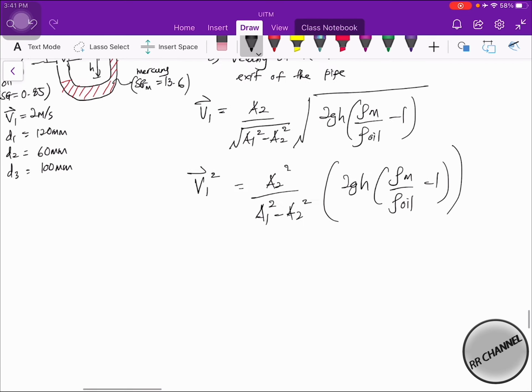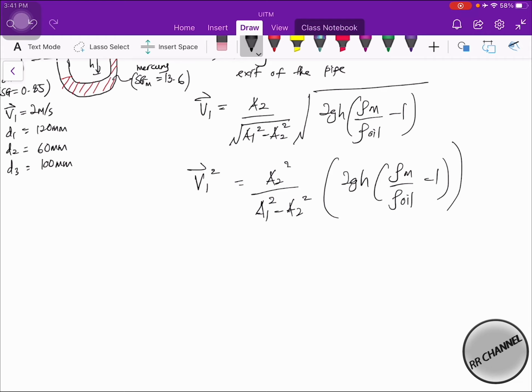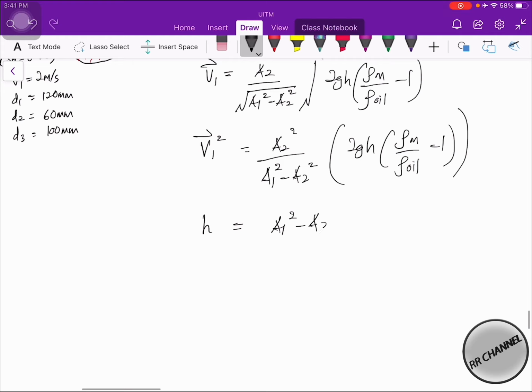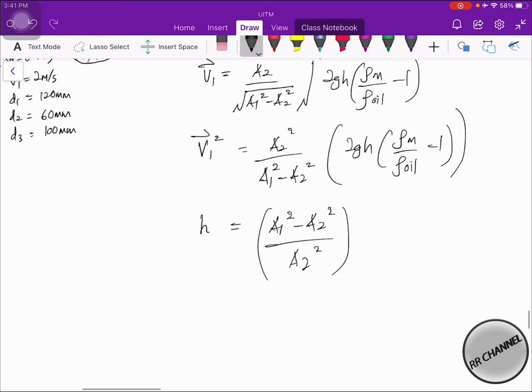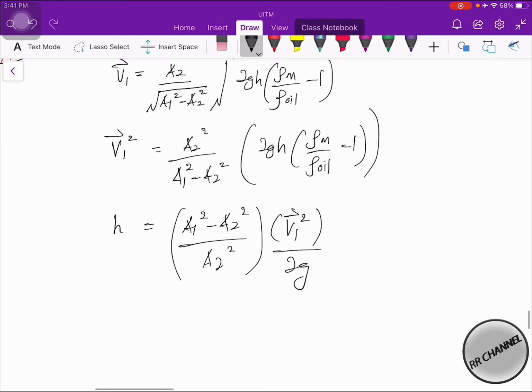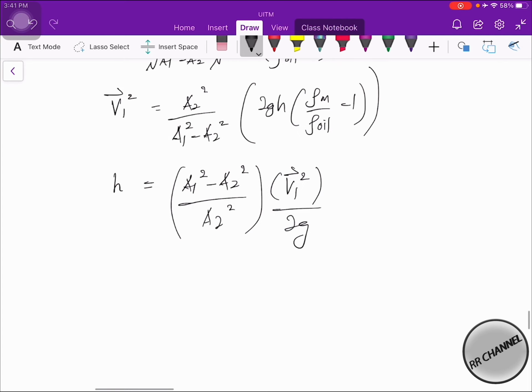Okay, we want the value of h here, so we rearrange the equation. h equal to A1 square minus A2 square over A2 square multiplied with V1 square, and then divide by 2g. And then we multiply with rho of the mercury divided by rho oil minus 1, inverted.